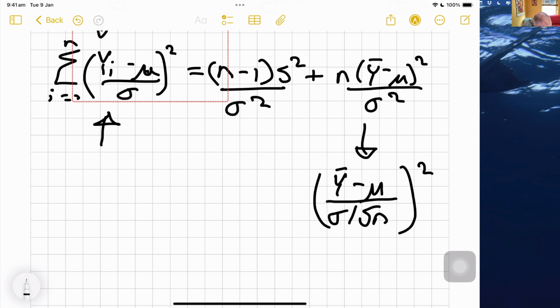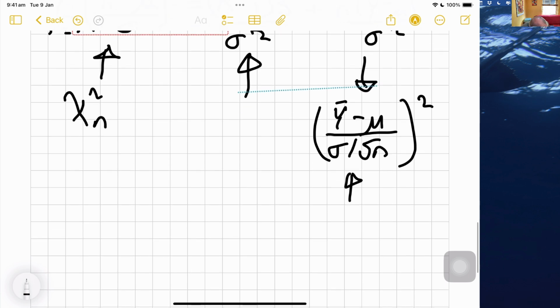So this is going to have a distribution that is chi-squared n. This is the distribution we'd like. We don't know that one yet. What about this one? Well, this is the sample mean minus its mean divided by its standard error, all squared. That is a chi-squared with 1 degree of freedom. Okay, so it's nice.